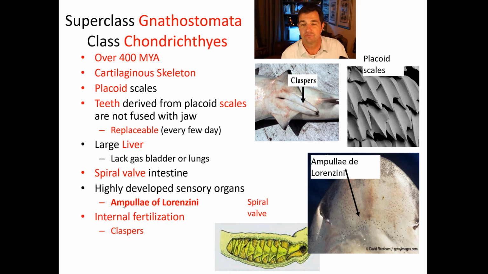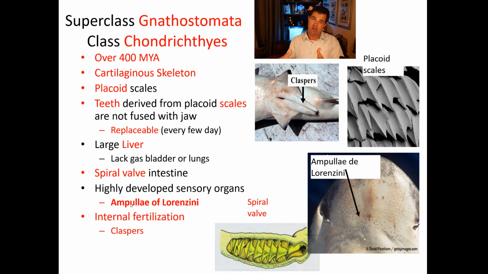So first I'm going to talk about general characteristics of the Chondrichthyes, and then we're going to pull that apart as we talk about different groups, and we'll remove features as they don't appear. But just to give us a good general picture of the Chondrichthyes, they go back in the fossil record over 400 million years ago. They have a cartilaginous skeleton.